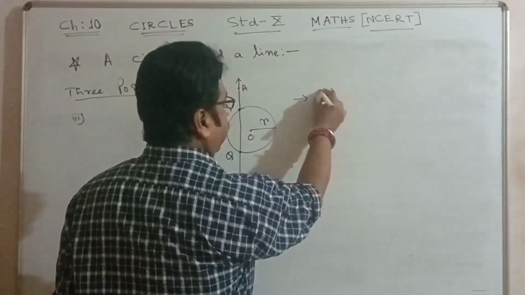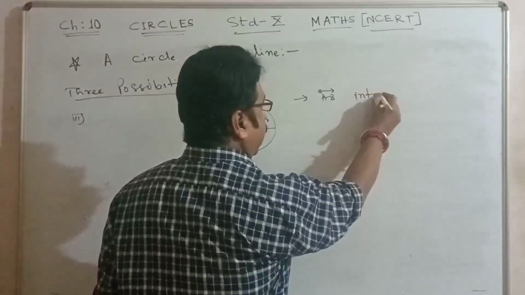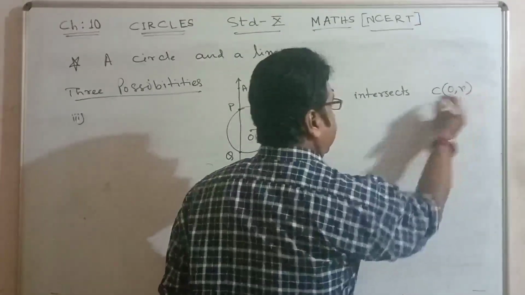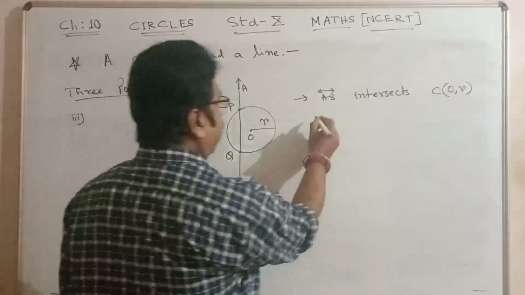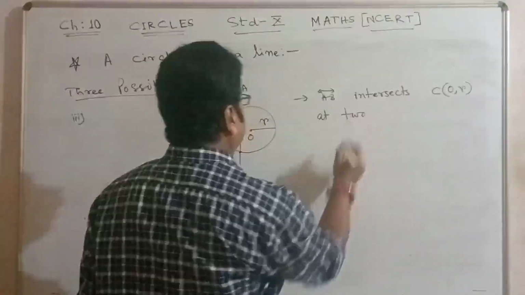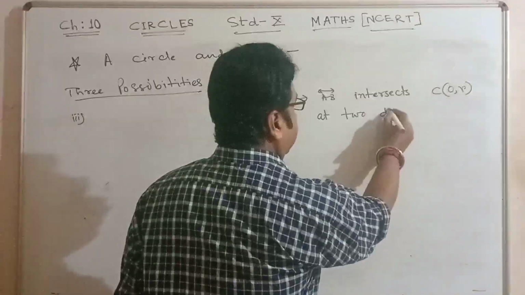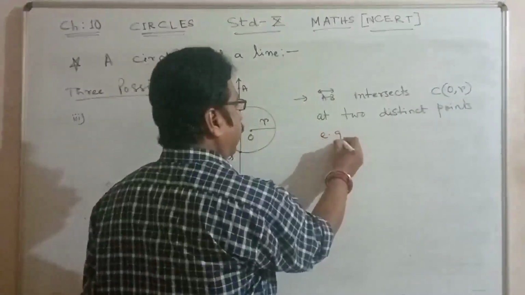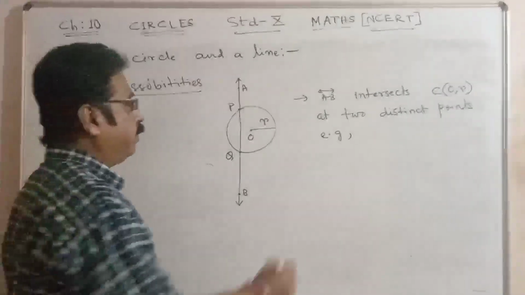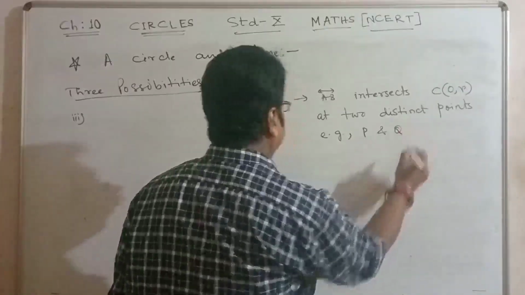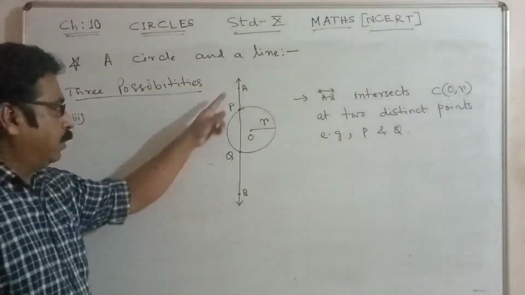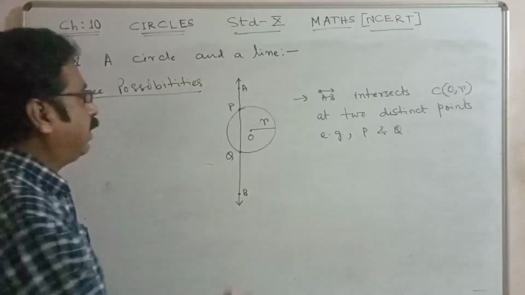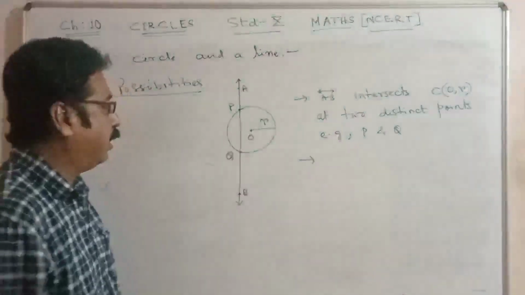AB intersects the circle COR, means AB intersects the circle at two distinct points, namely P and Q. This line AB is called the secant of this circle.